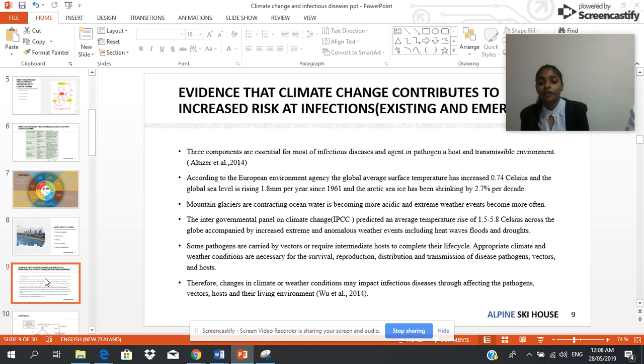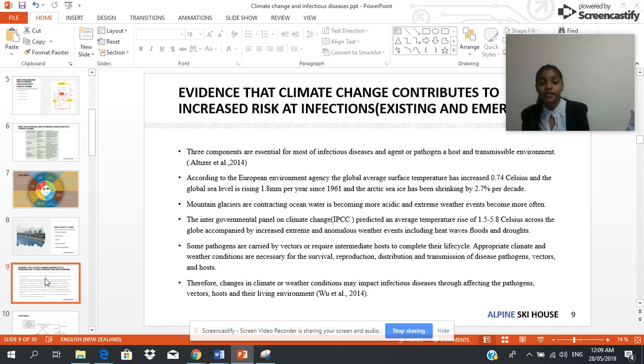According to the European Environment Agency, the global average surface temperature has increased by 0.74 Celsius, the global sea level has been rising 1.8 millimeters per year since 1961, and the Arctic sea ice has been shrinking by 2.7% per decade.